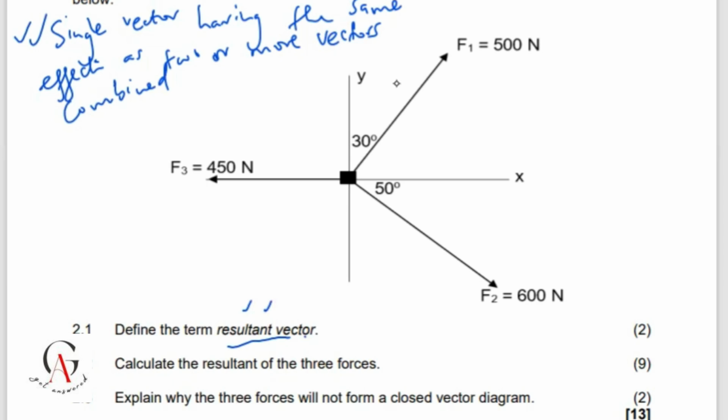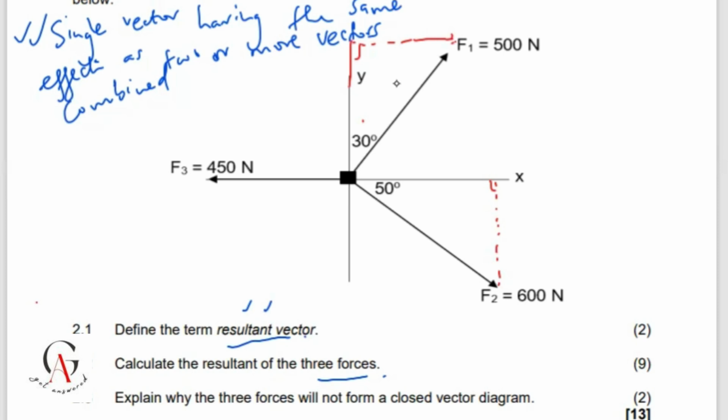Then they want us to calculate the resultant of the 3 forces. With this, we have to resolve the forces into components. So if I have this as a 30, let me create my triangle there so that it is right angled, so that that is my 90.